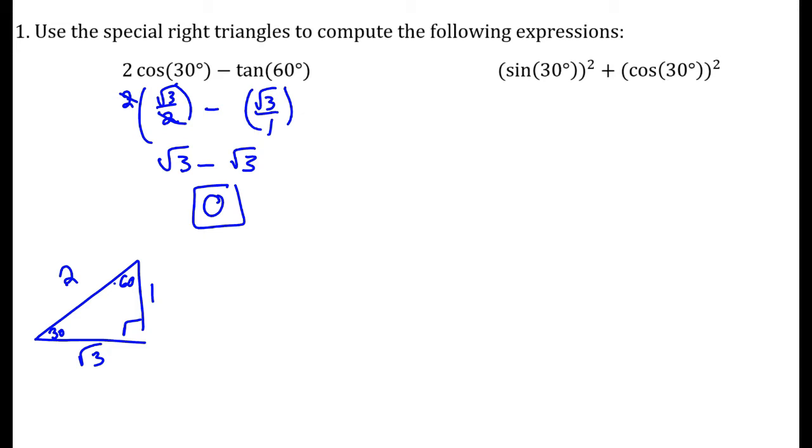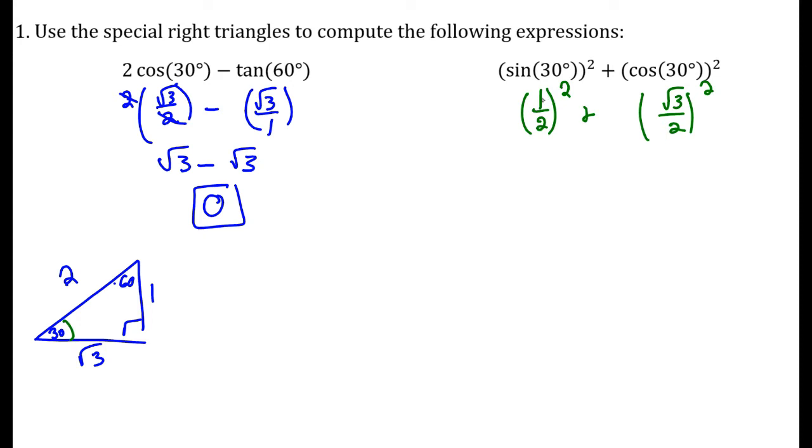Now we need to find the sine of 30 squared plus the cosine of 30 squared. So the sine of 30, well, if I'm sitting over here at 30, the sine of that angle is the opposite, so 1 over the hypotenuse, 1/2 squared. The cosine of 30 is adjacent over hypotenuse, radical 3 over 2 squared.